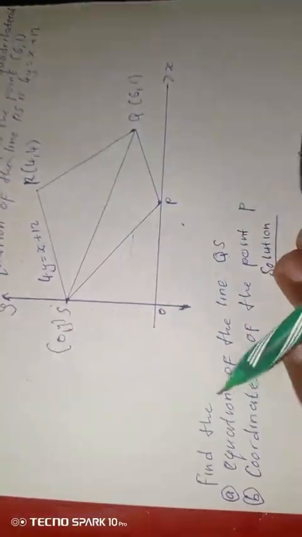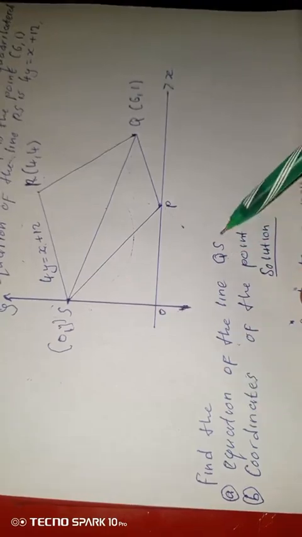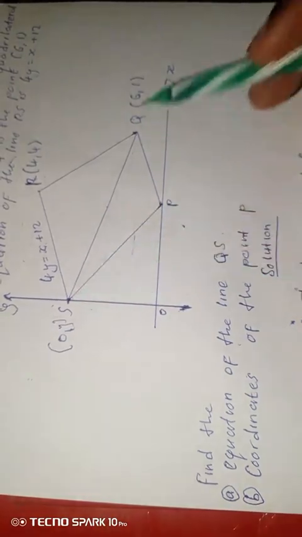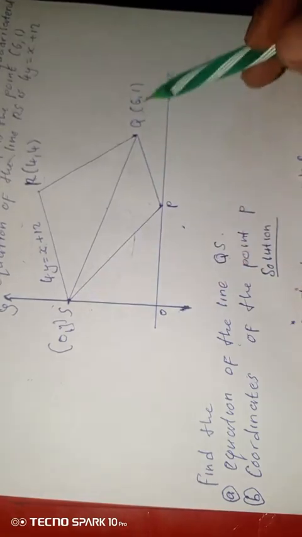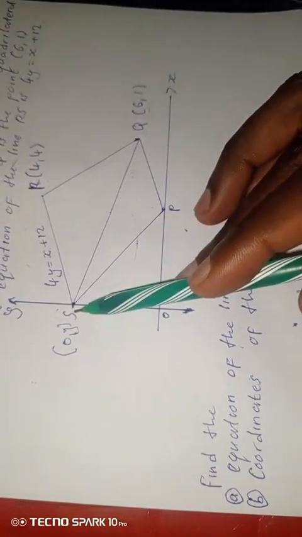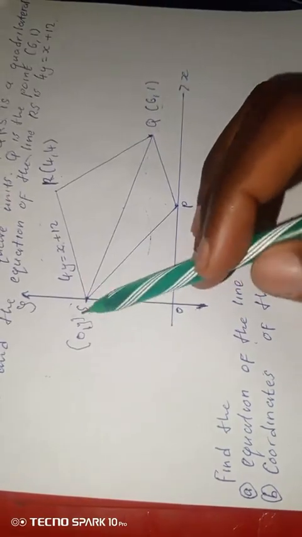So this is the diagram given for the quadrilateral. The first question says, find the equation of the line QS. When you look at this line QS, we only have the coordinates for Q, but for S we don't have them. So the first thing here is to find the coordinate for S. How?